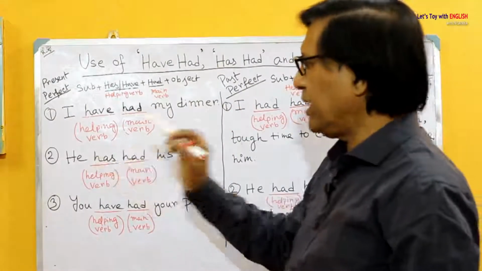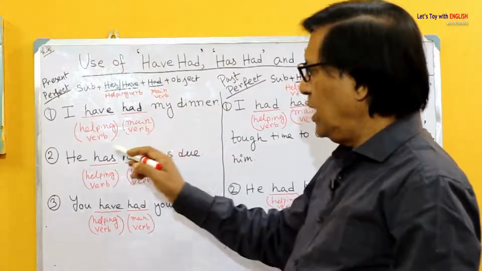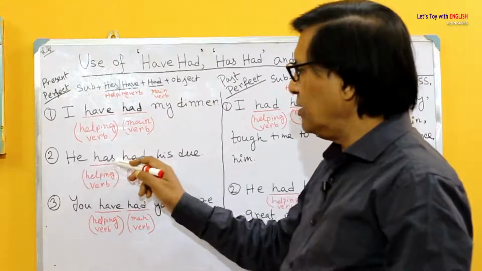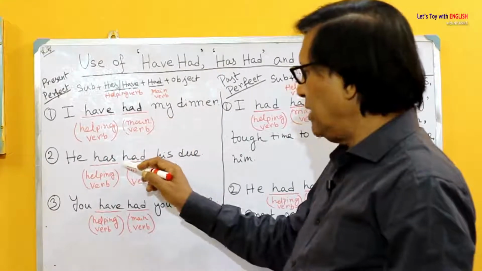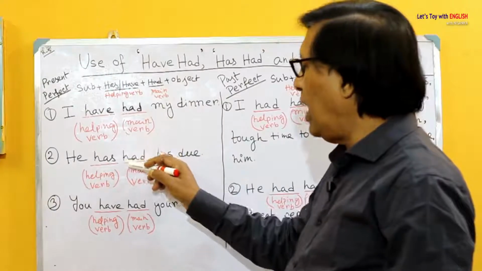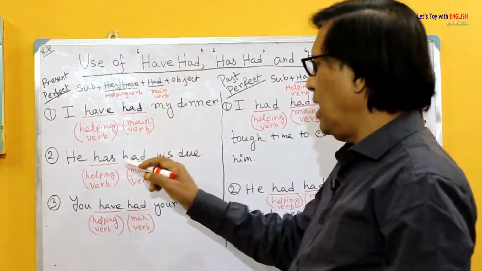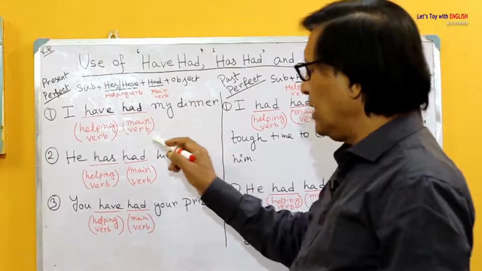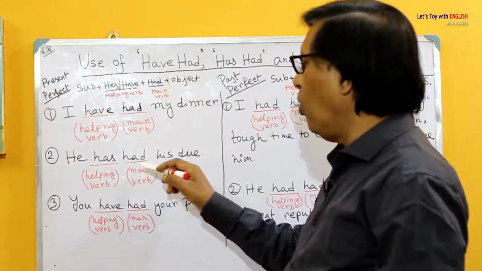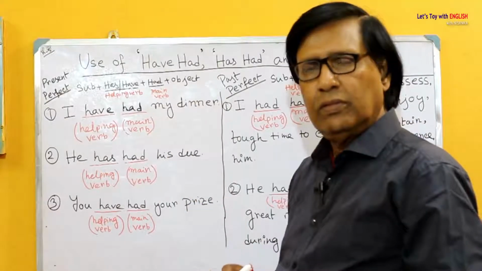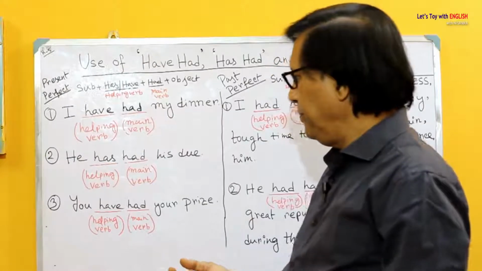Okay. The second example. He has had his due. Has obviously denotes the perfect tense, and had is usually the verb, participle or V3. Had his due. Here this had means he has got his due. Here he had some due, he has now got it.